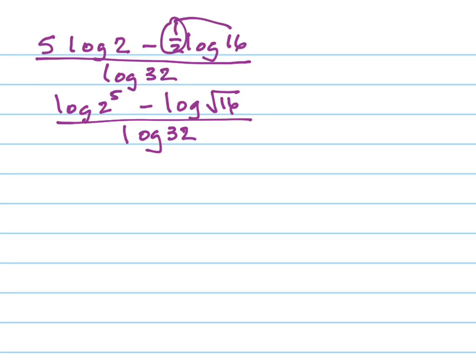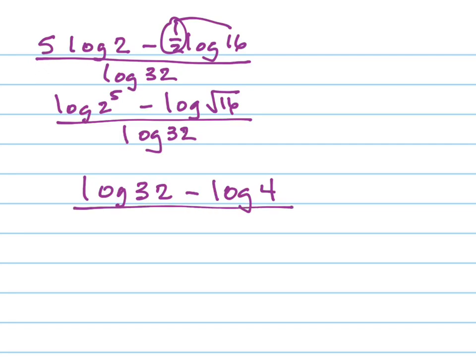That one can't change because it was already as simplified as the logarithm can get. Well, 2 to the 5th power becomes log of 32, minus the log of square root of 16, which becomes log of 4, all divided by log of 32.